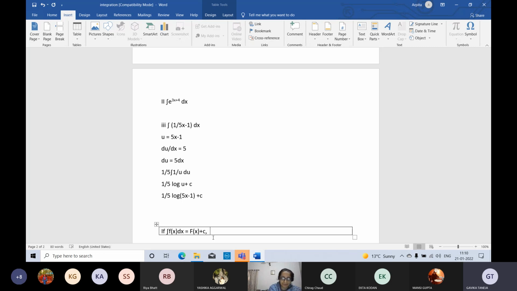Now, let's say I'm going to integrate f within bracket ax plus b dx. Okay, so I'm saying if the integration of f(x) dx is equal to F(x) plus c, then the integration of f(ax plus b) dx, what is it going to be?